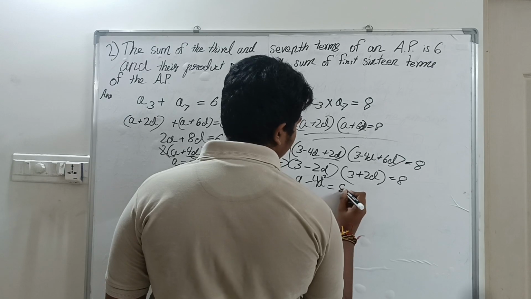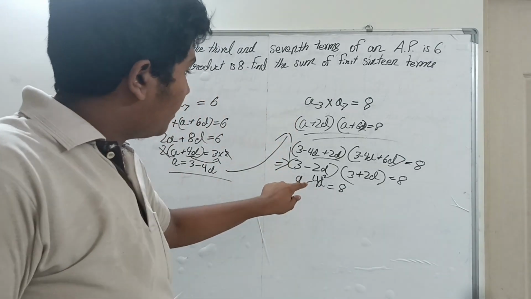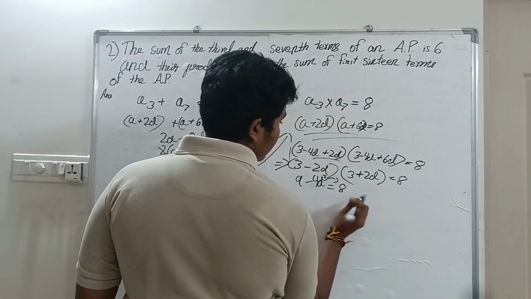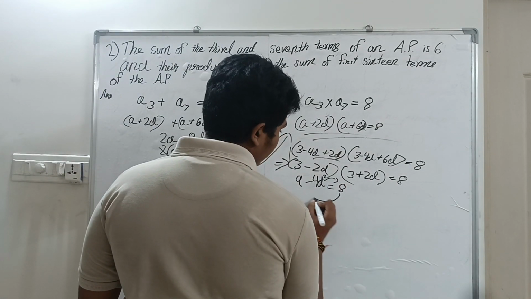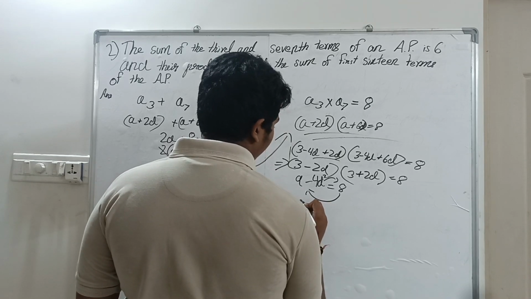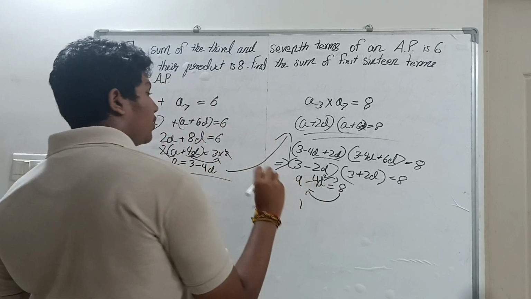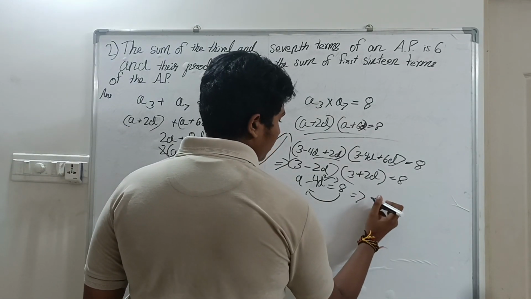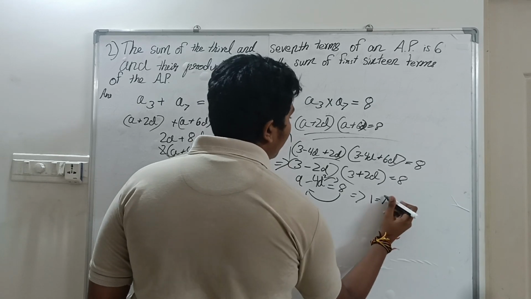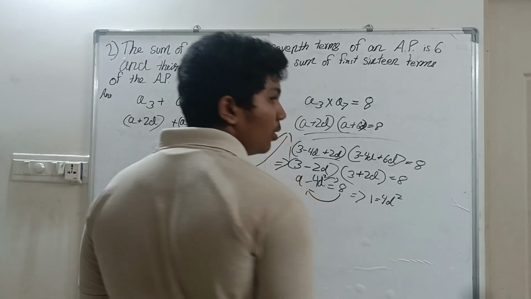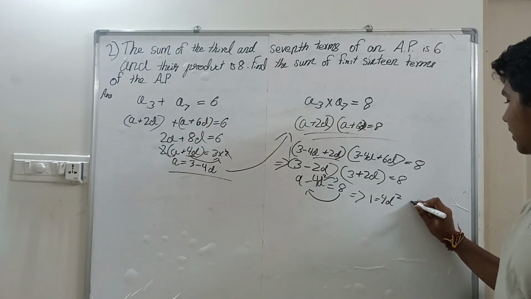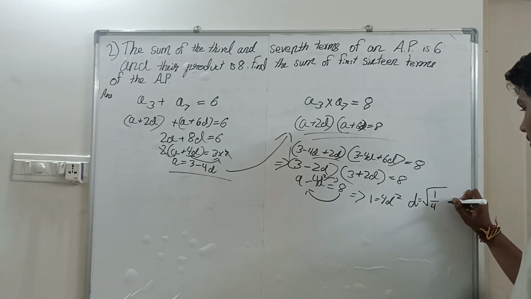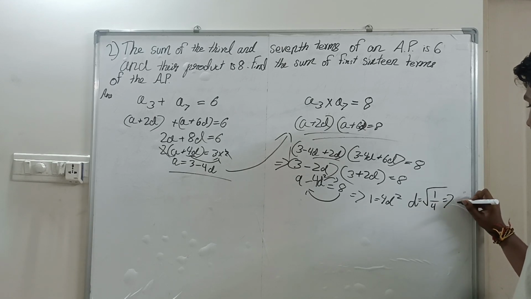is equal to 8. Now you try to put this 4d to the other side, that is you put this here, this part, and this 8 put it here, which will be 1, because this is positive, put here negative. So it will be 1 is equal to 4d square, which will be d is equal to root of 1 by 4, which will be equal to what?